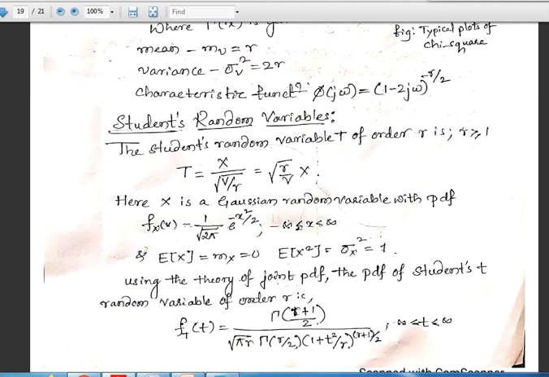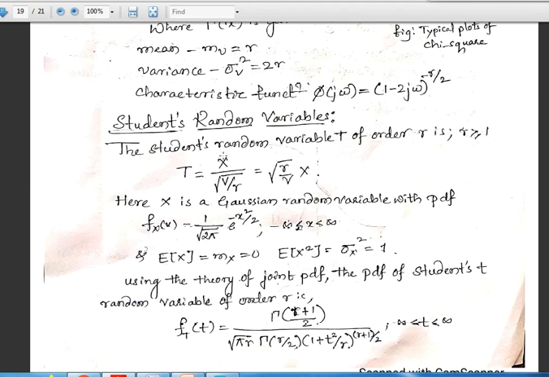The next kind of variable is the student's random variable. The student's random variable is represented by T and is of order r, where r is greater than or equal to 1.